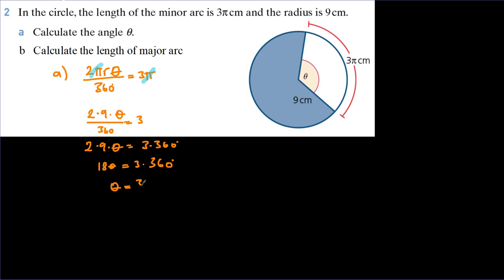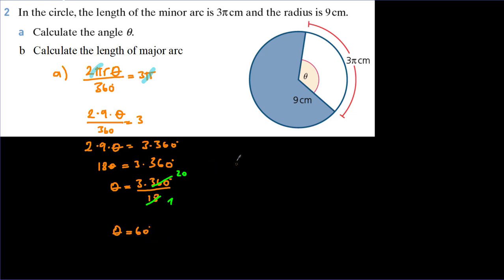Theta is going to be equal to 3 times 360 divided by 18. 18 and 3, you can do the same thing here. 360 divided by 18 is equal to 20. So I'm going to simplify this to 20, and this is going to be 1. So 3 times 20 is going to be equal to 60. So theta is equal to 60, I found.